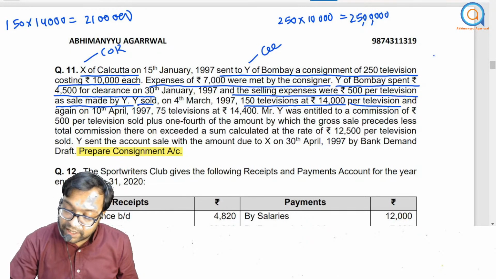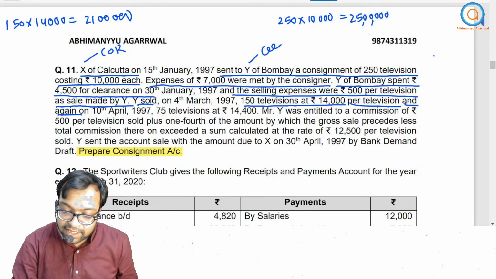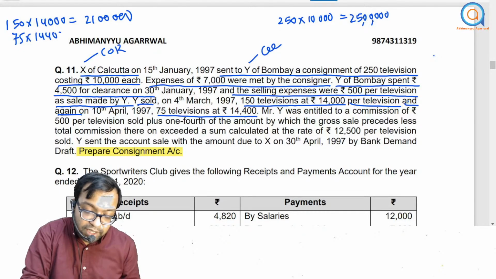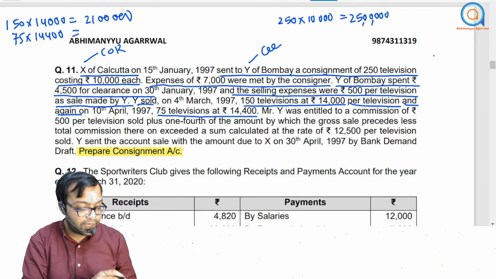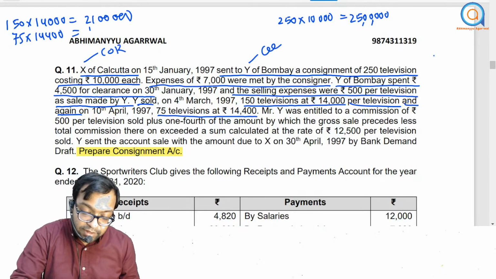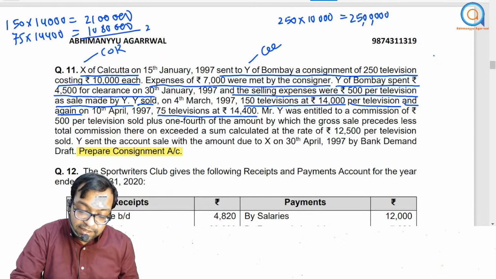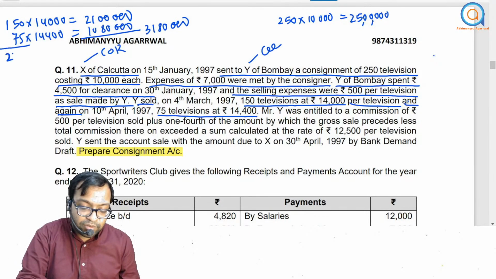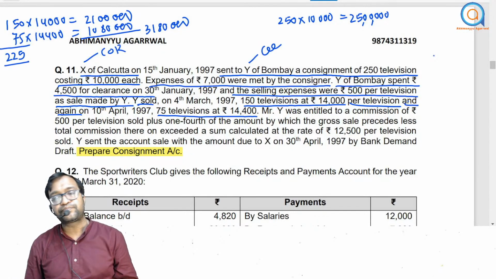And again on 10th April, 75 more televisions were sold at 14,400. 75 into 14,400 is 10 lakh 80,000. So the total sale value is 31 lakh 80,000. The number of televisions sold you can find now: 225.